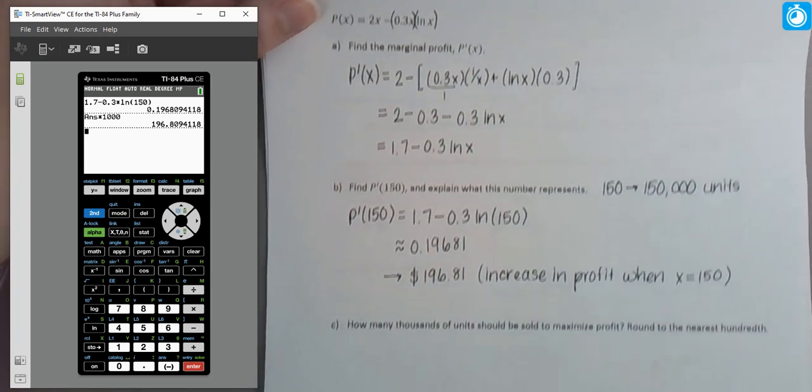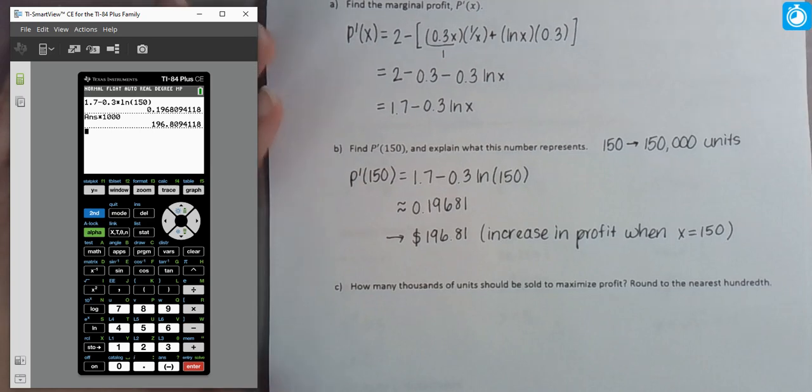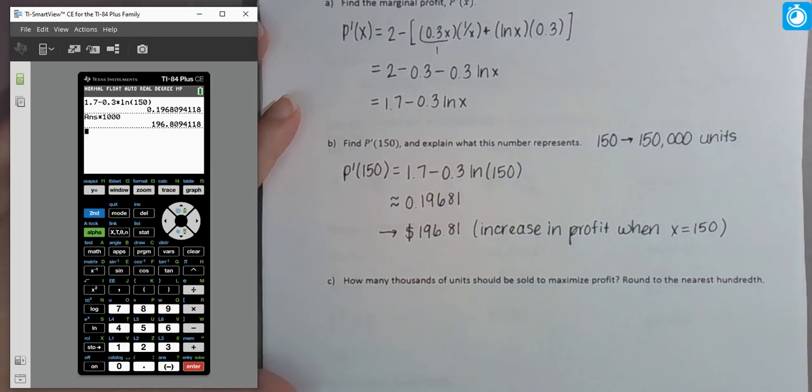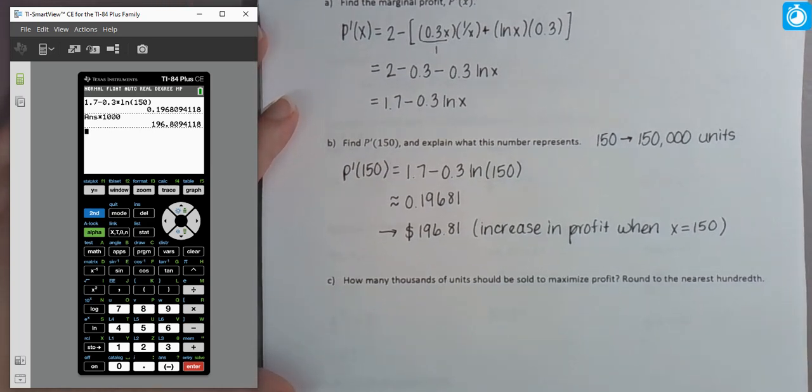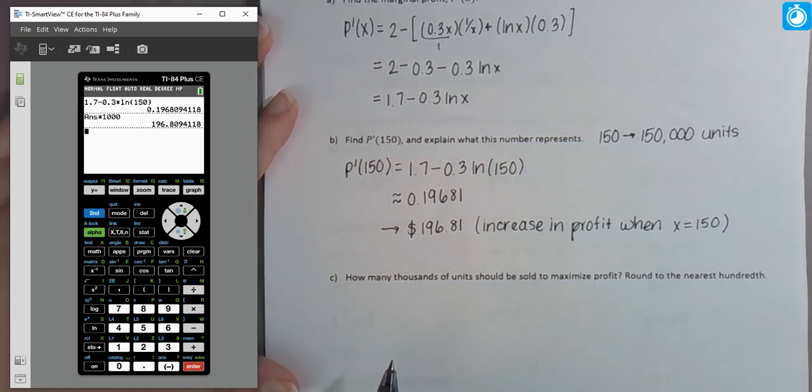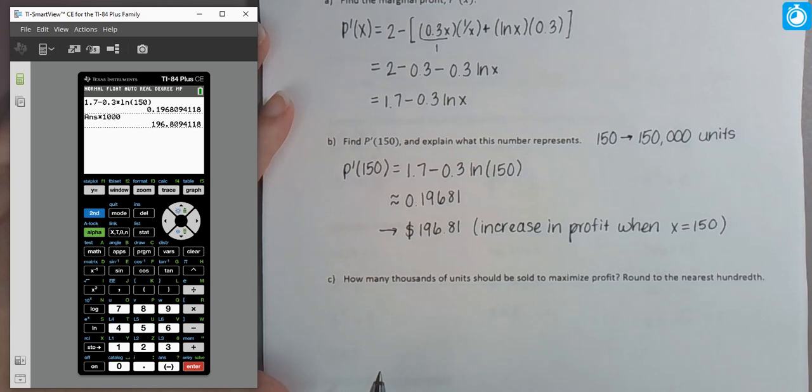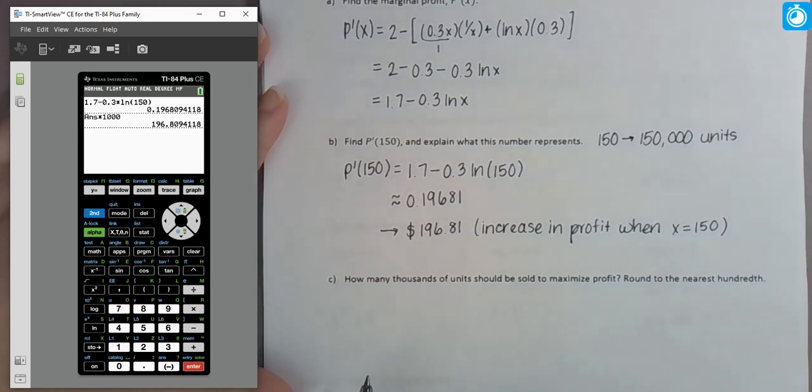So our last question is, how many thousands of units should be sold to maximize profit? And we want to round to the nearest hundredth as needed. Okay. Well, we know how to maximize. Again, we use the derivative. Let's go back to what we know about maximization. Maximization and minimization values always occur wherever our derivative is either undefined or equal to 0.